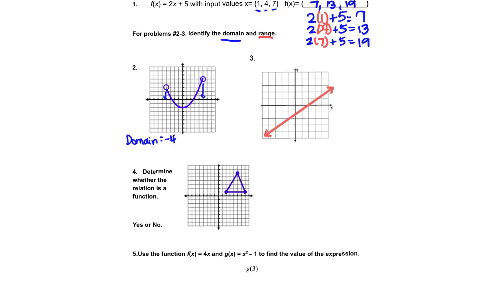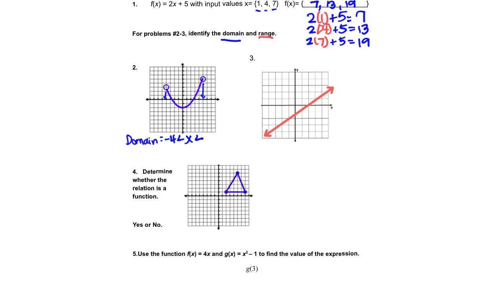Since this is an open circle, it's not going to include -4. I am going to just use my less than sign. Since we're referring to the x value, the x-axis, we're going to just label it as an x. Notice this is an open circle, so we're going to leave this as a less than sign.